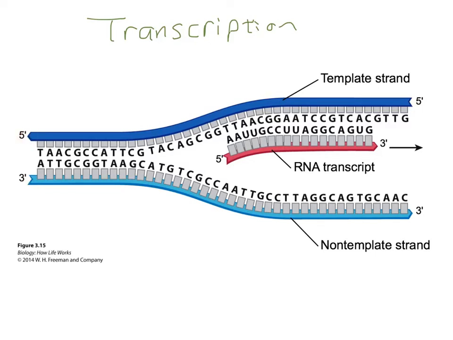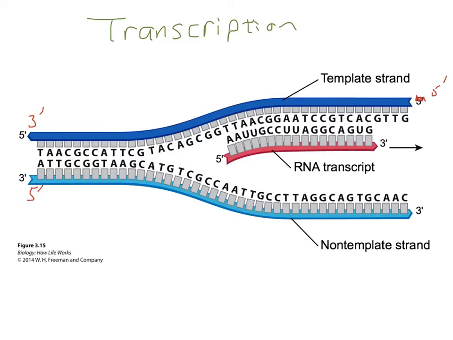So this one is 5 to 3 this way. Wait a minute, it's interesting, they've got a typo here. It's showing it as 5 to 5 and 3 to 3. So in reality, this one should be 3', this one should be 5', and this one stays as 5'.